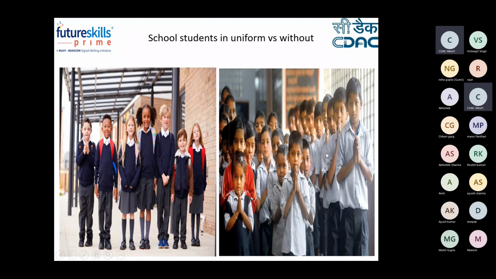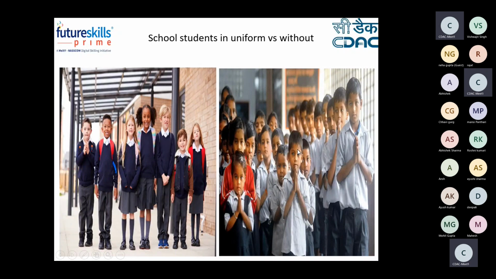In the second picture we have more students than in the first, but they are not looking impressive. Why? Because they did not follow any data model. So whatever terminology we use should be effective and impressive in an industry manner.